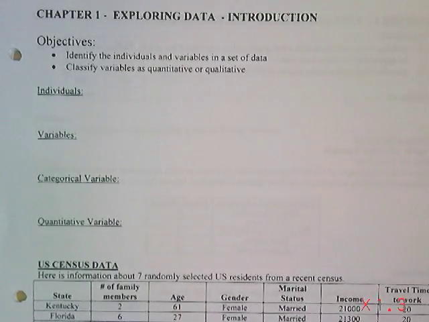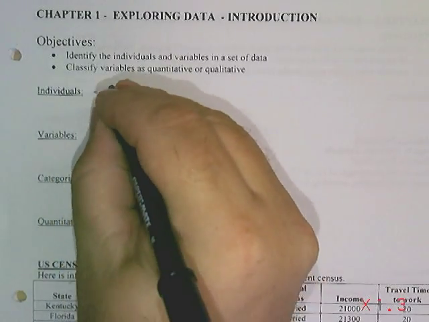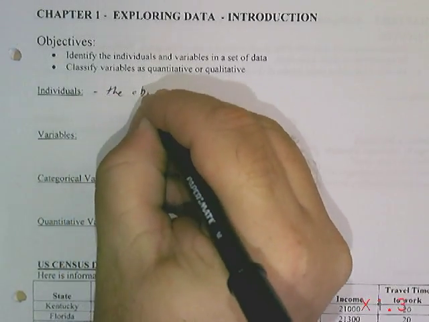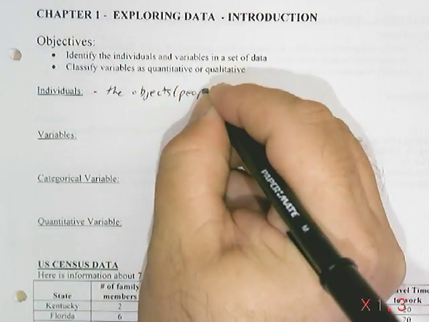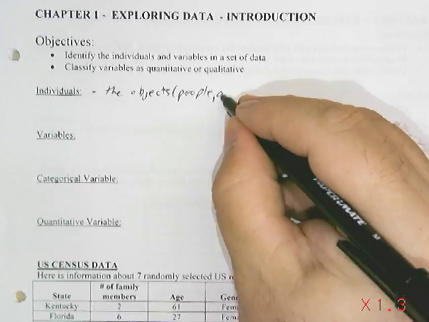Individuals are the objects, and objects can be people, they can be animals or things, described by a data set.